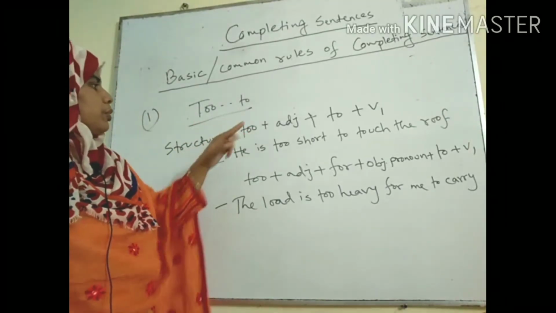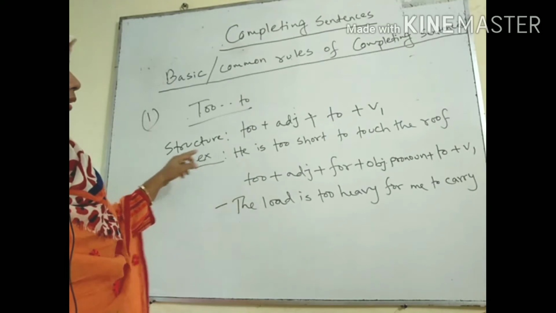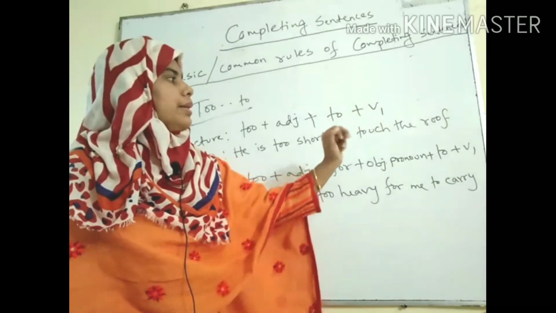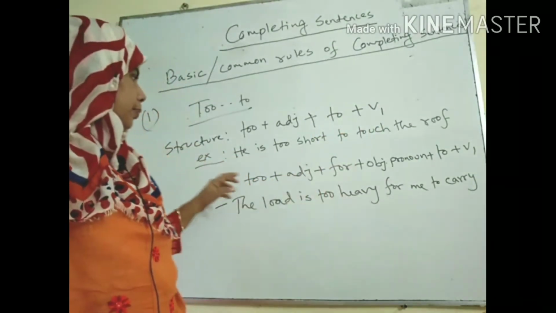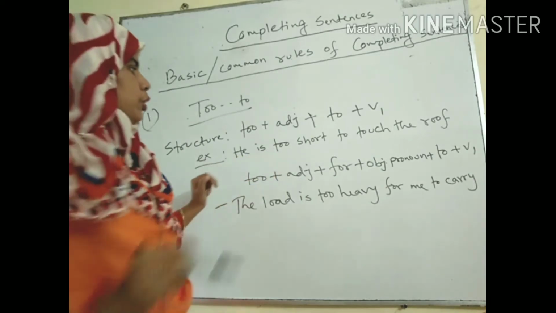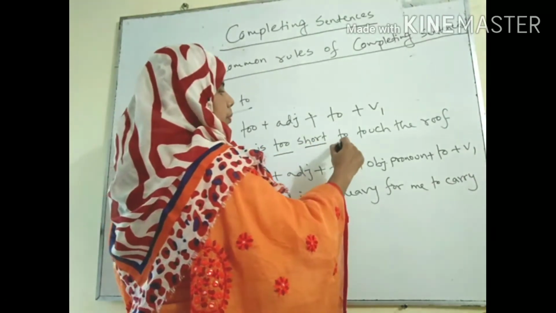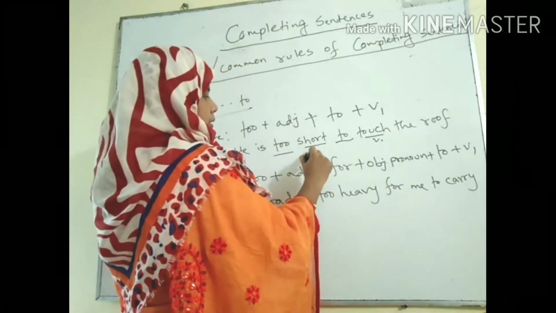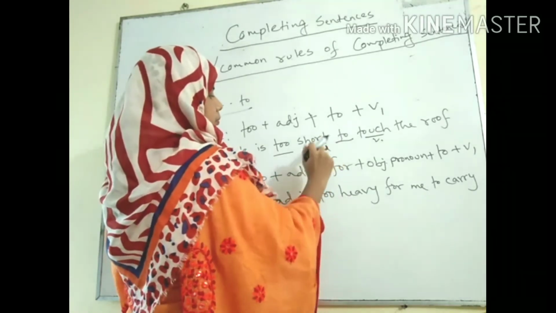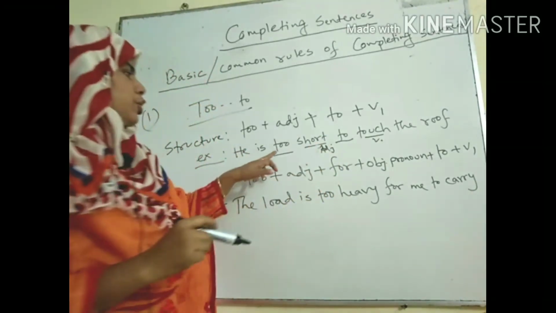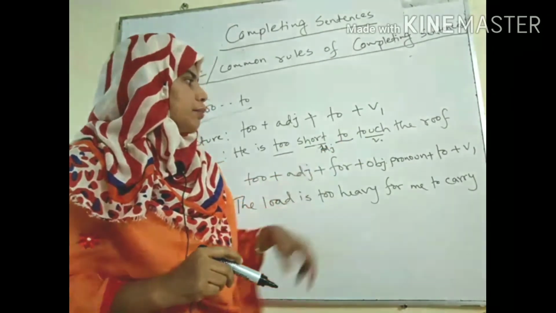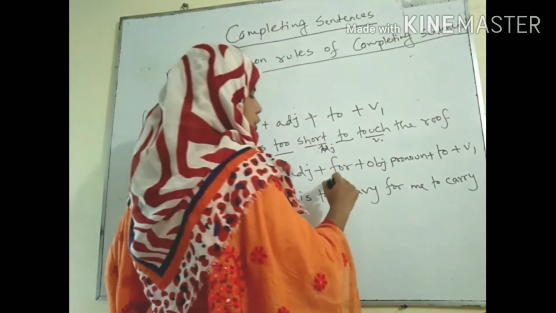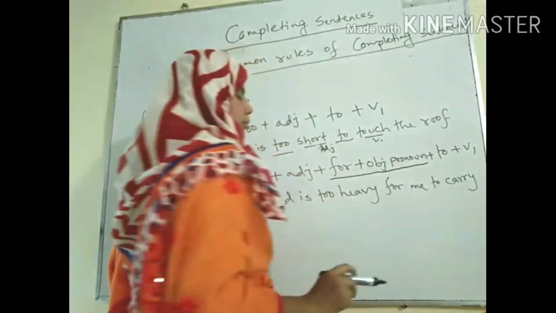Rule 1, too. Structure of this sentence: too plus adjective plus to plus V1. V1 means the present form of a verb. He is too short, this is an adjective, to touch the roof. Again, in this structure, we can use for plus objective pronoun.